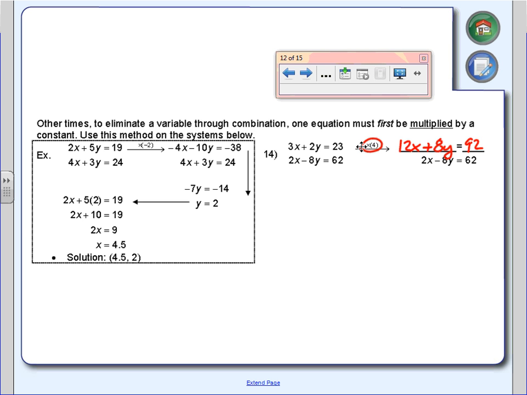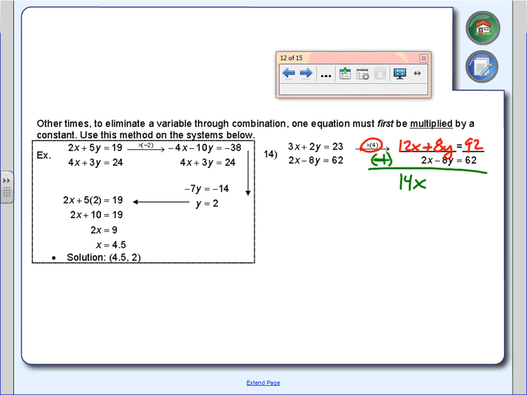Now again, why did we multiply the first equation by 4? Well, look what's going to happen when I add these two equations together. 12x plus 2x is going to give me 14x. An 8y plus a negative 8y is 0. We just eliminated the y values.